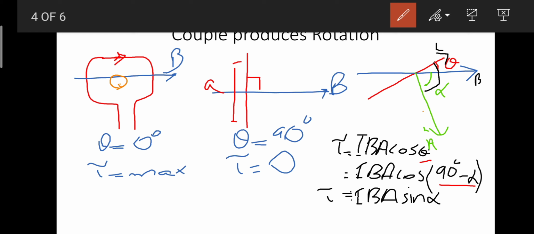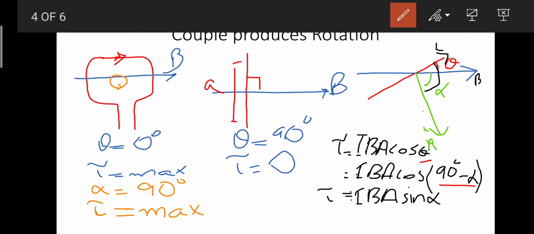So for this case, alpha is equal to 90 degrees, and if I put this value in the formula, the torque is going to be maximum. That's how we calculate the torque in this case.